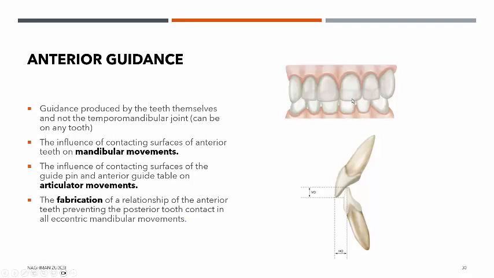Like they should not be overlapping half of their crowns. The influence of contacting surfaces of the guide plane and anterior guide table on the articulator movement. The fabrication of a relationship of the anterior teeth preventing the posterior tooth contact in all eccentric mandibular movement.